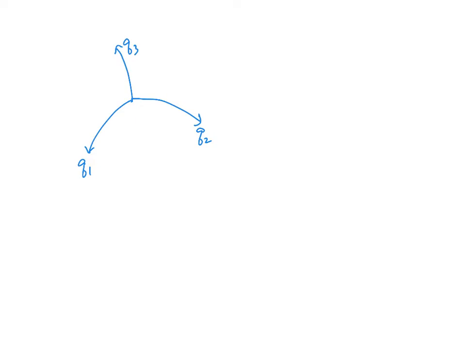So let's say we have this surface, where Q1 is constant. This is a surface perpendicular to Q1, and we have another surface.